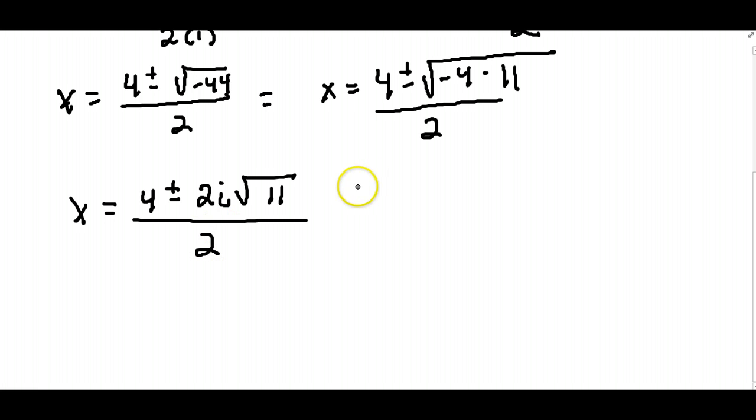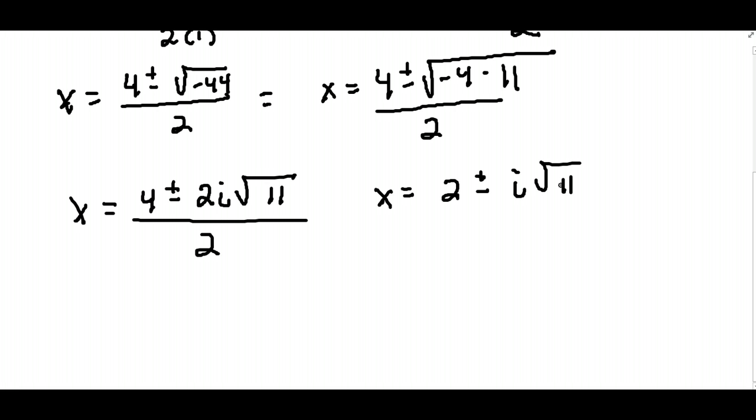Okay, so now let's simplify this down even more. We divide the 2 into each term of our numerator. So 2 goes into 4 twice, so x equals 2 plus or minus, 2 goes into 2i once, so plus or minus i square root 11, over nothing, because it's not a fraction.